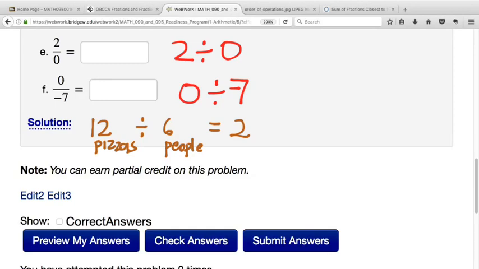Yeah, maybe slices, but I put it as pizzas here, so whatever. 2 pizzas per person, right? So for every person, there's going to be 2 pizzas at this party. So that's one of the models that we use when we think about what division actually means.